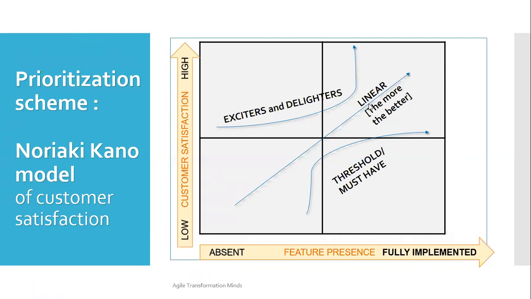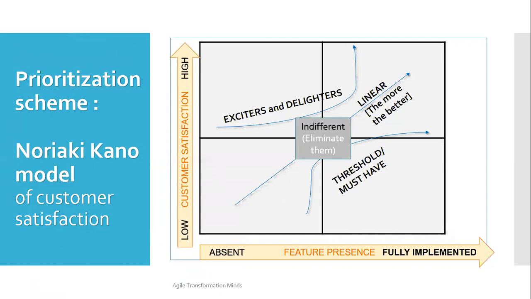Threshold is something that is a must-have. These are the mandatory requirements for the first release that you need to complete. Linear is something that, once you deliver it, is better, but not mandatory. And exciters and delighters are features that, if you deliver them, your customer will be more happy.